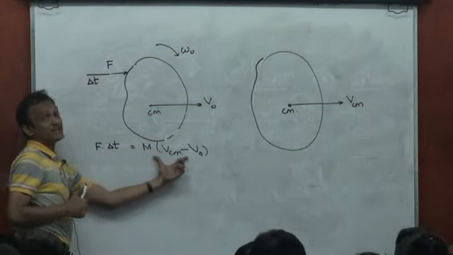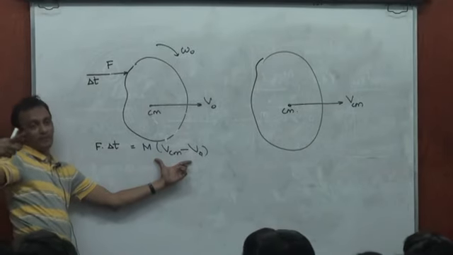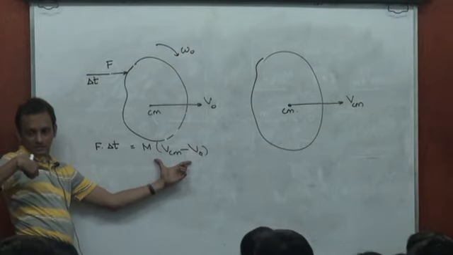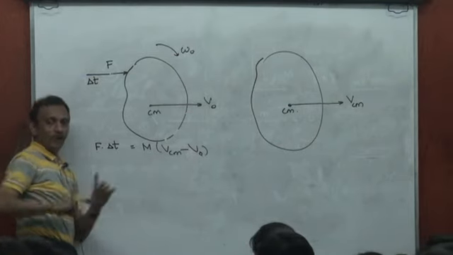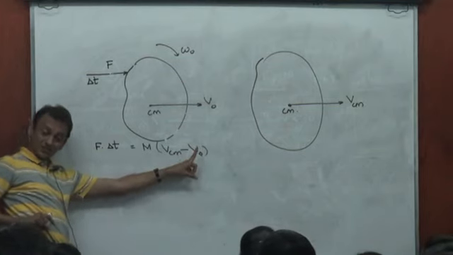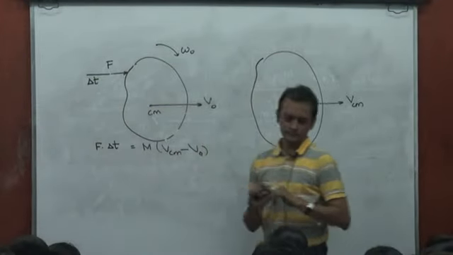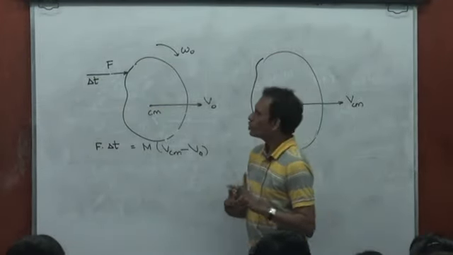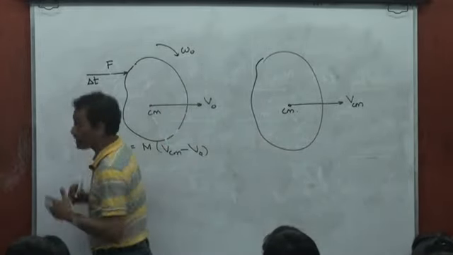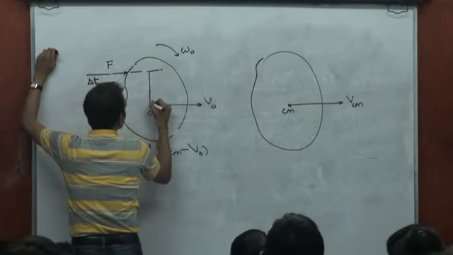The change in linear momentum in the direction of the impulse, right? Final linear momentum in the direction of the impulse minus initial linear momentum in the direction of the impulse. That's the impulse. Not only that, there is a torque acting about the center of mass for a short time, delta t, because of this force acting here, say this distance is d.